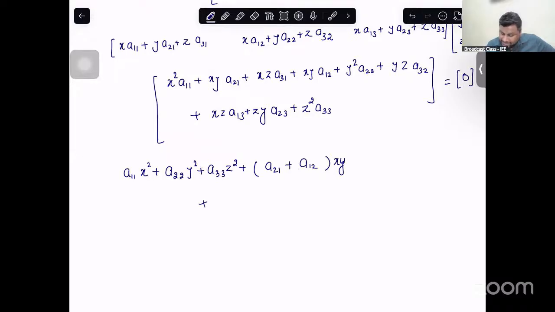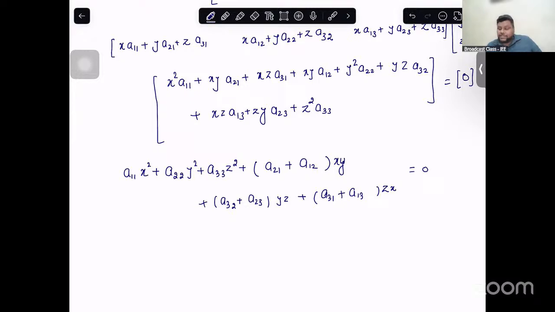With yz, what do you have? yz times A32 plus A23. And with zx, what do you have? zx times A31 plus A13. And this is going to be 0.